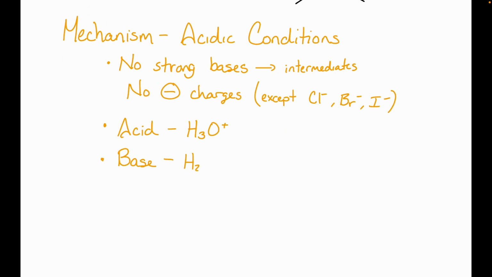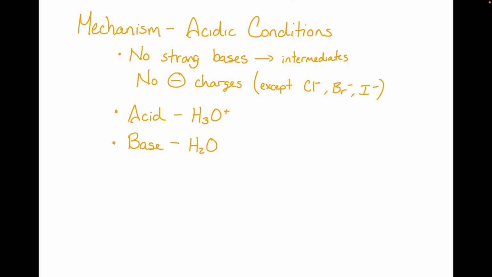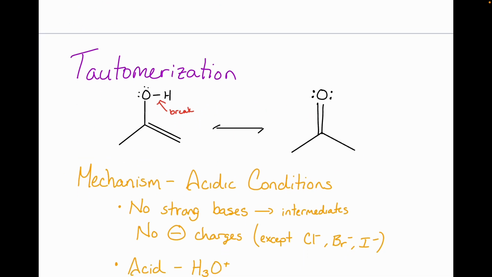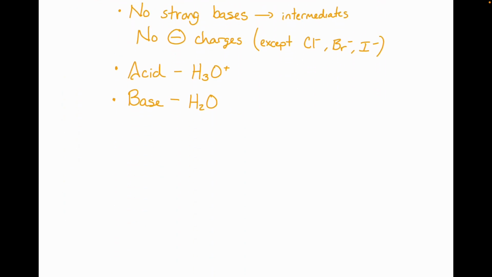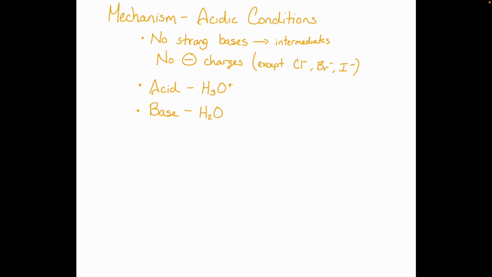We will just use neutral water as our base. That's the strongest base that we can have under acidic conditions. Cool. All right, so let's see if we can propose a mechanism for our tautomerization reaction under acidic conditions here.